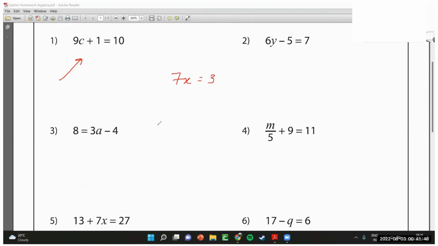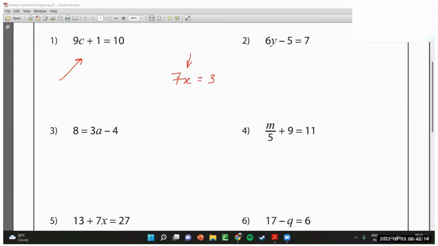Wait, tell me, what is stopping me from finding x? The 3. Oh, the 7. Very nice. It's 7, right?